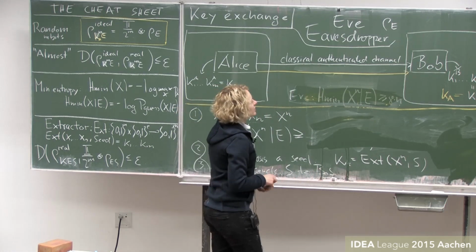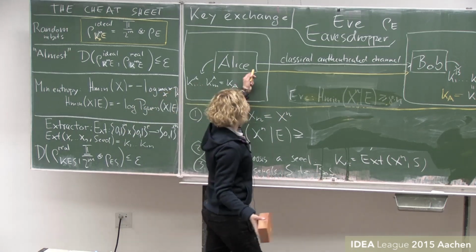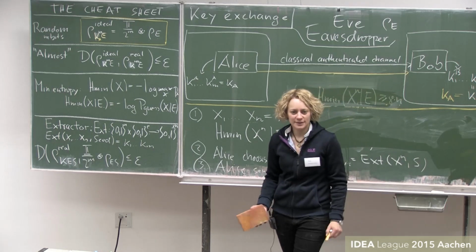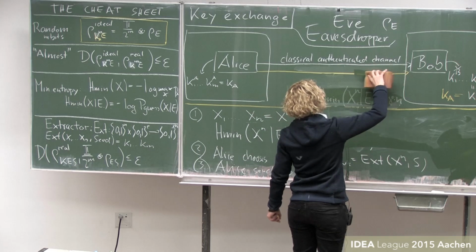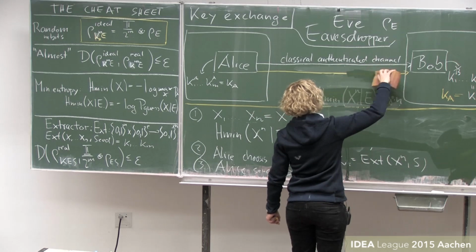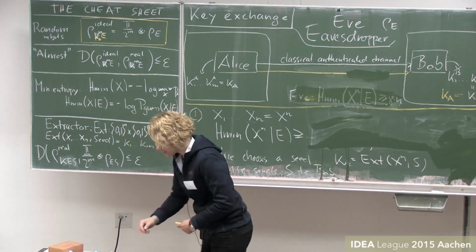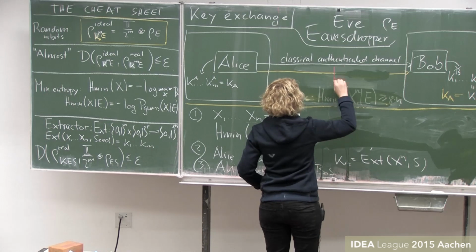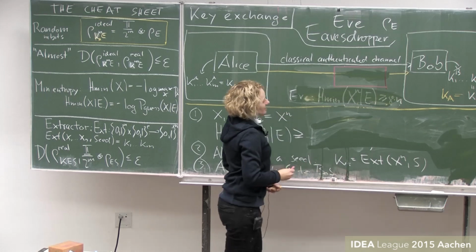So now I want to consider a different situation where, in fact, this channel to Alice and Bob does not transmit this string perfectly. Instead, whenever Alice tries to send something to Bob, there will be a bit of noise. So there will be a channel here that has the following property.